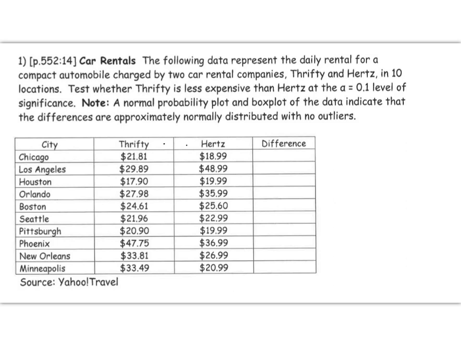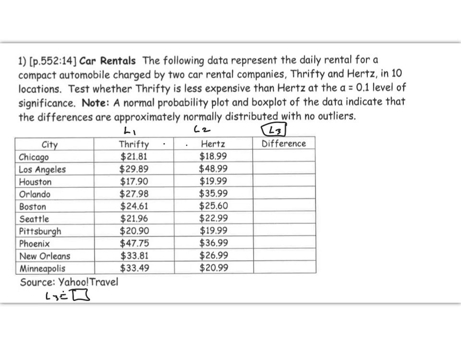They're matched by city. So I'm going to go ahead and put the Thrifty data in list 1, the Hertz data in list 2, and then I'm going to go over to list 3 and highlight it. You're going to have L3 down in the corner.